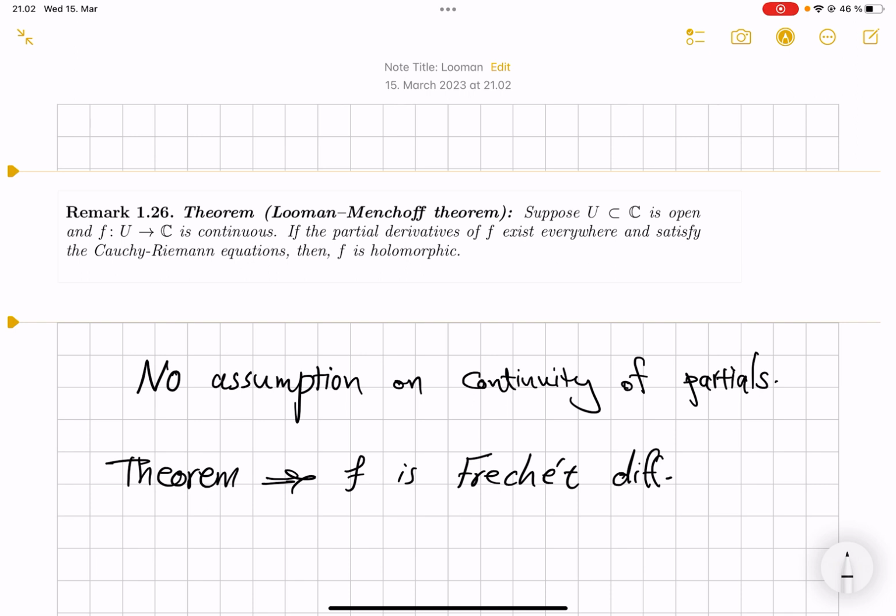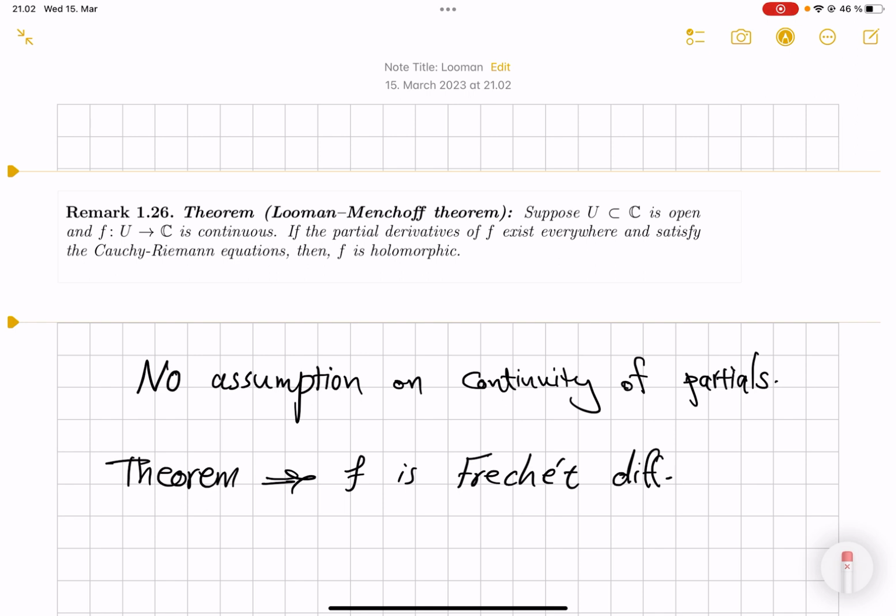So what is the substitute for that continuity? The Cauchy-Riemann equations. So if you assume existence of partials and Cauchy-Riemann, you don't need to further assume that they are continuous for f to be Frechet differentiable. And from the lemma we had, if you prove that f is Frechet differentiable, then you're done, because we saw that Frechet plus Cauchy-Riemann easily implies by just linear algebra that the function is holomorphic.